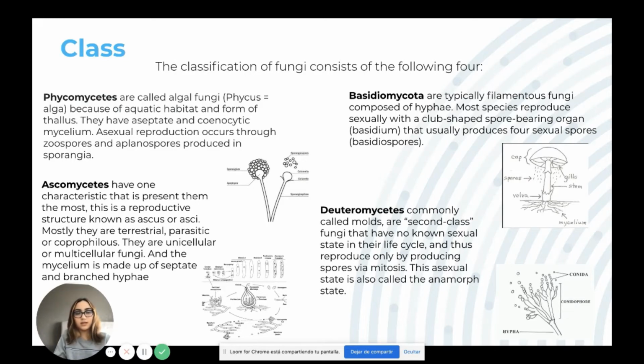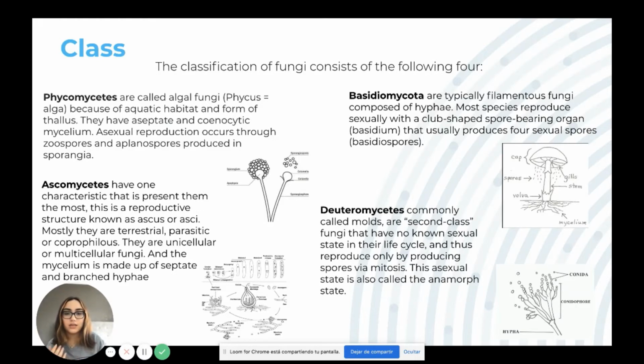This type of fungi has one main characteristic: their reproductive structure is different, known as ascus or asci. Mostly they are terrestrial, parasitic, and coprophilous fungi. They can be both unicellular and multicellular, and the mycelium is made up of separate and branched hyphae.